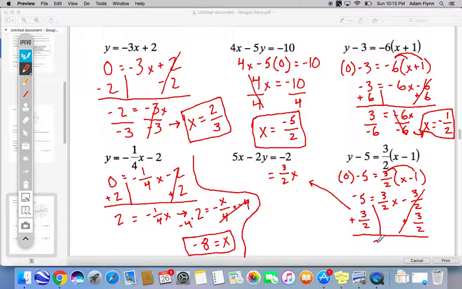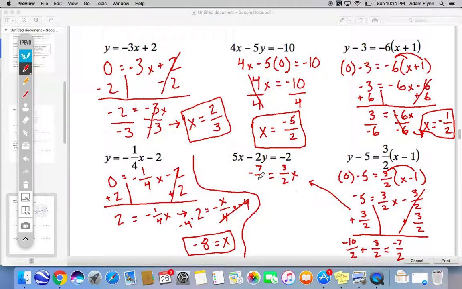So I have 3 over 2, which means I have to multiply this negative 5 over 1 by 2 over 2. So if I multiply by 2, I get negative 10 over 2. So I know 2 will be my denominator, and I have negative 10 plus 3, which gives me negative 7. So up here I have negative 7 over 2.